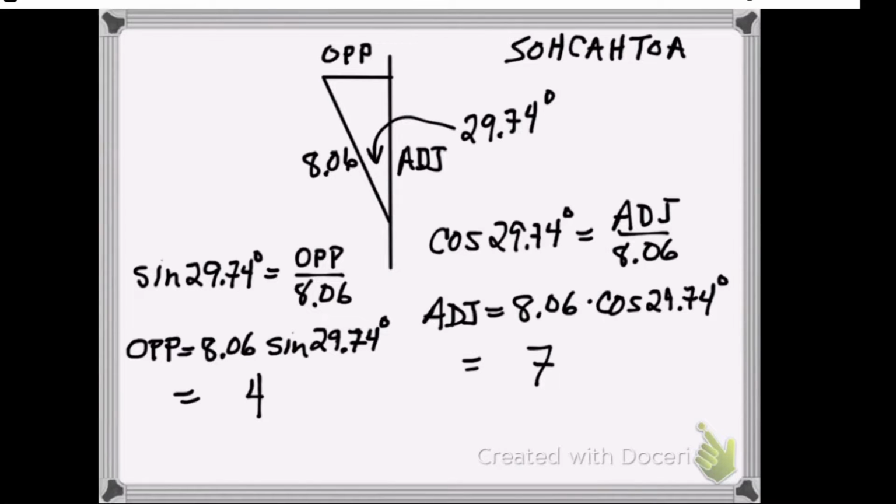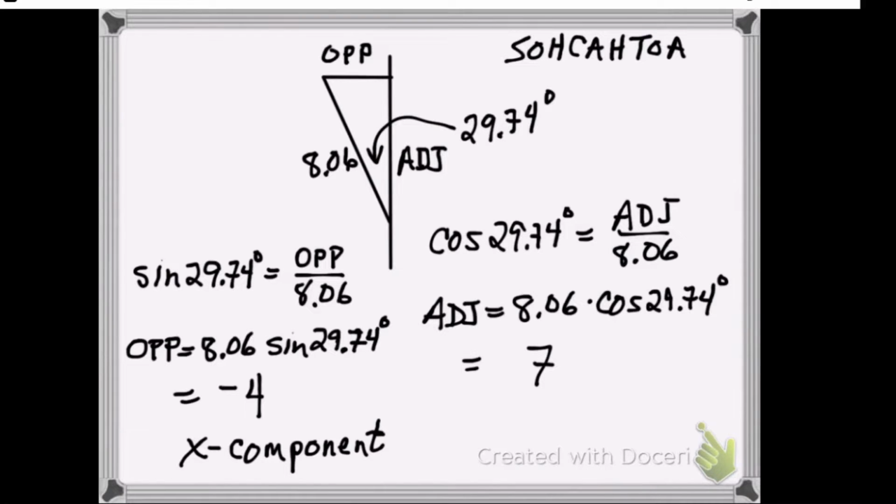Okay, now notice this. Notice that the opposite side of the triangle up here is horizontal. So in other words, it's in more or less the same direction as the x-axis. So that's going to be our x component. And furthermore, we notice that it's not pointing to the right, it's pointing to the left.